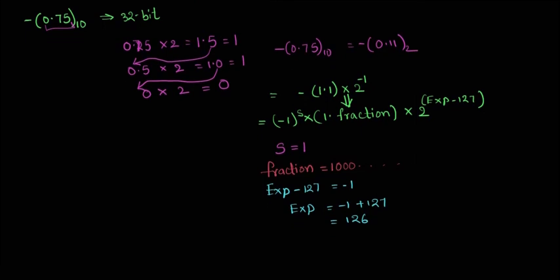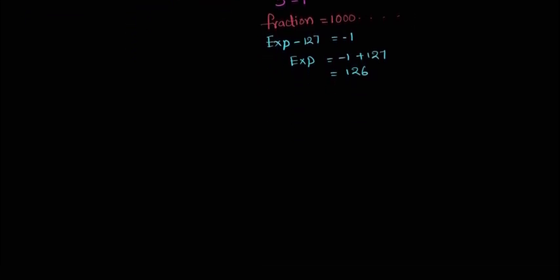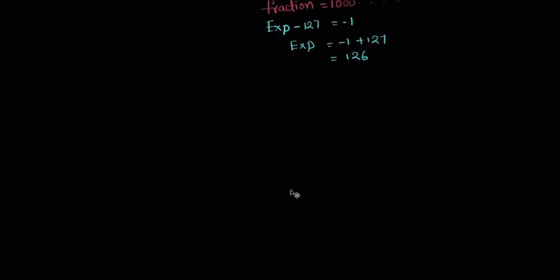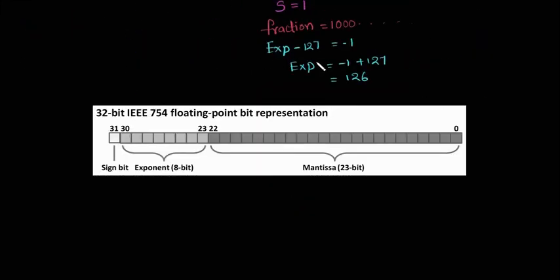Now let us represent this in IEEE floating point numbers. So the sign bit is 1. We write a 1 here. Now the fraction is 1 0 0 0. We write a 1 0 0 0 and all are zeros. And what is the exponent value? We write it here: 1, 2, 4, 8, 16, 32, 64, 128.